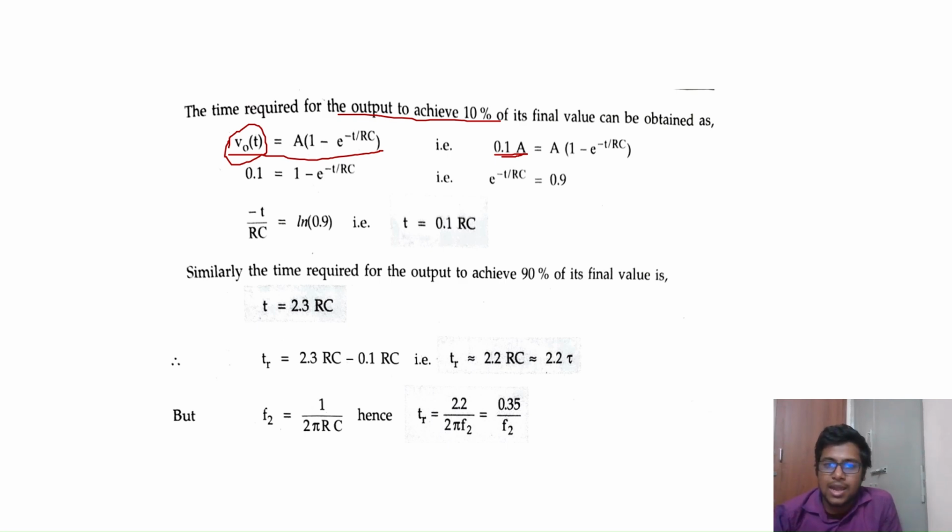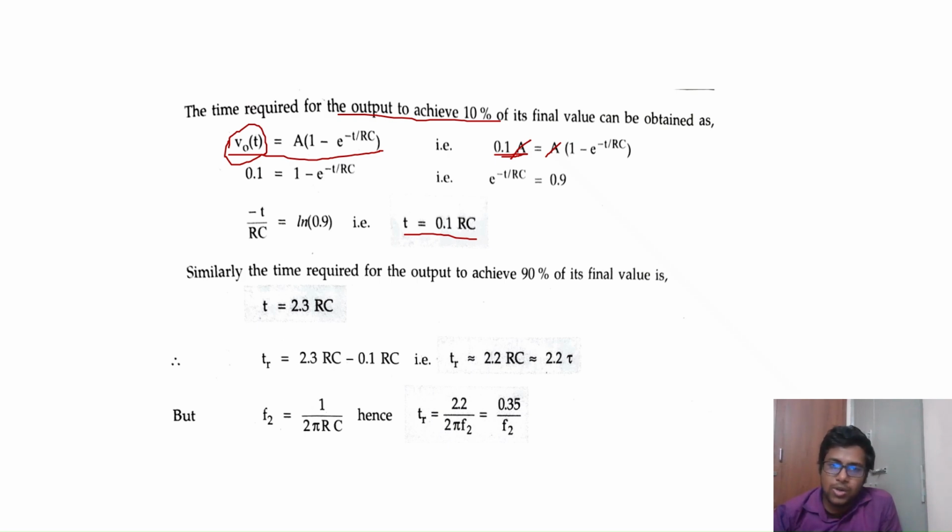So here you can cancel out the term A, and you can take ln on both sides. You simplify. Finally you will calculate the value of t as 0.1 RC.